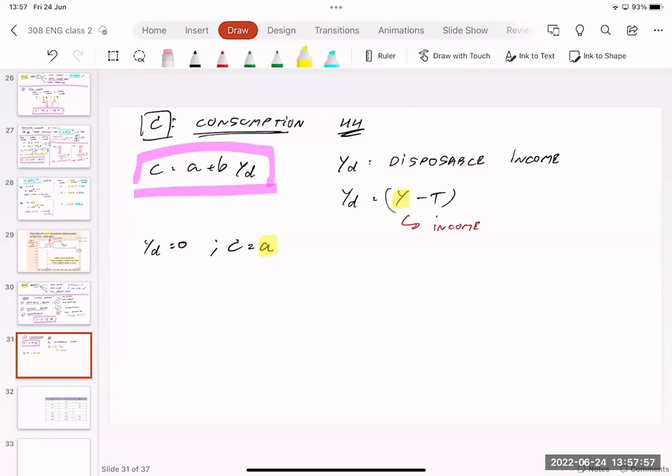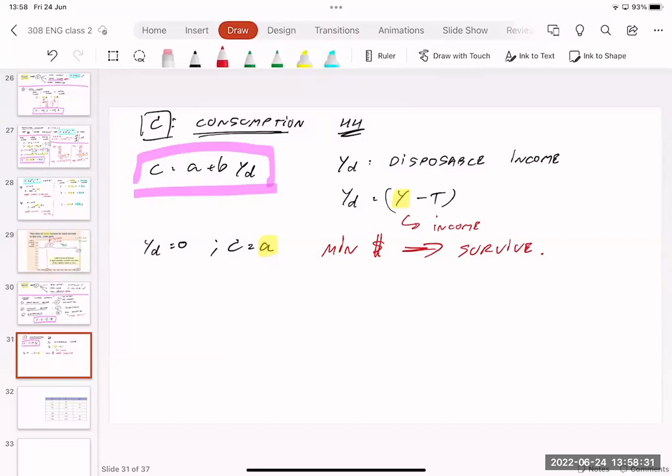So consumption equals A. A is the minimum money that you need in order to survive, even though you don't have any income. You need that money to buy some water, instant noodles. This is A, the minimum money that you need in order to survive when you don't have a job and you don't have any income.